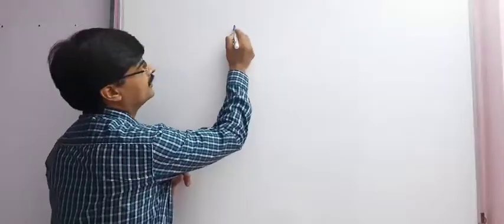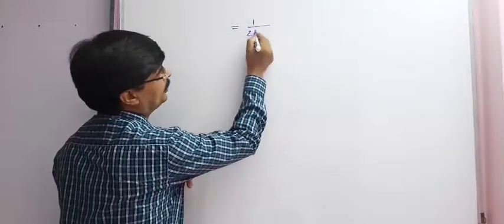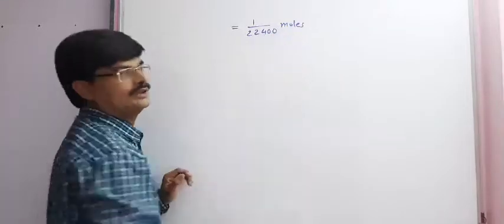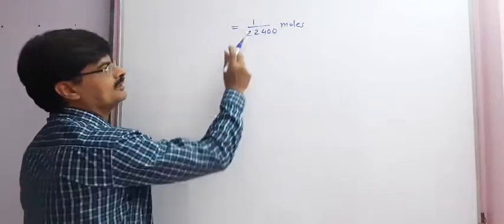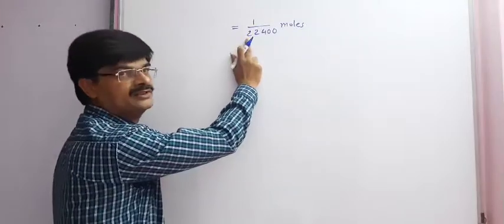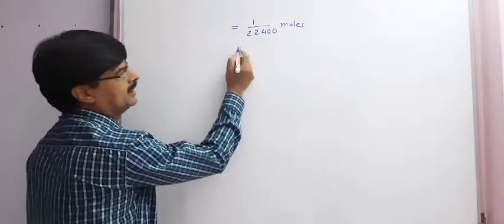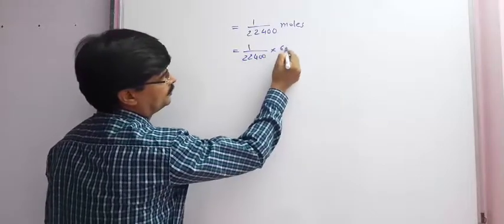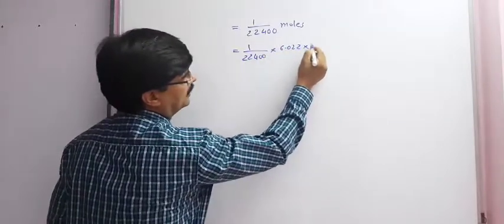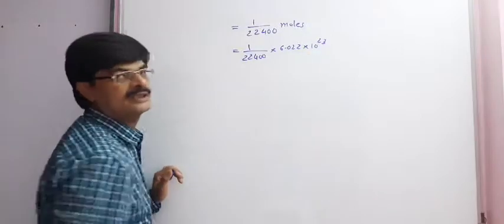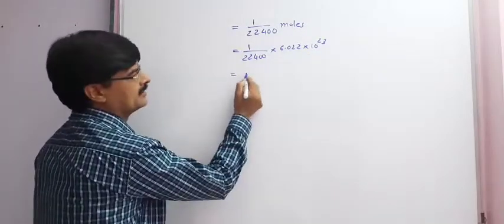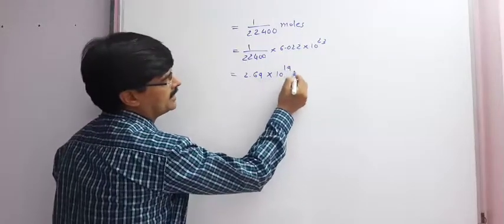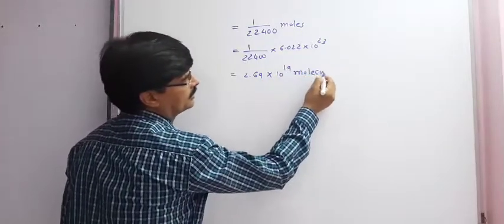It is equal to 1 upon 22400 moles. To find out molecules, we have to multiply this moles value with Avogadro number, 6.022 into 10 raised to 23. So on simplification, we will get 2.69 into 10 raised to 19 molecules.